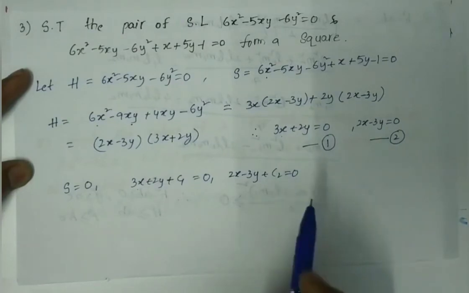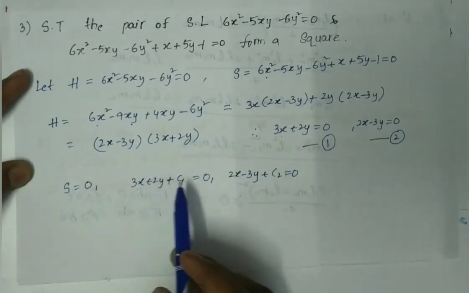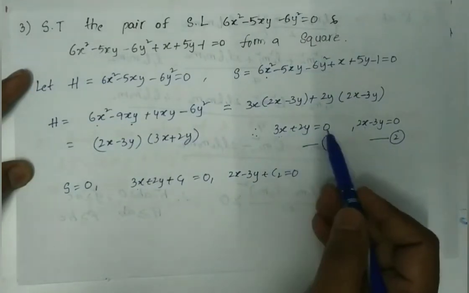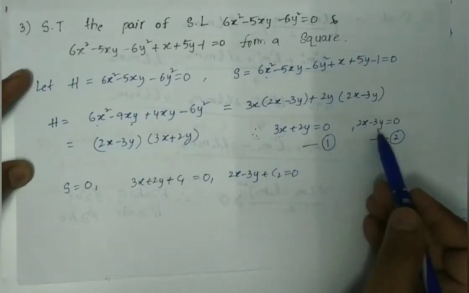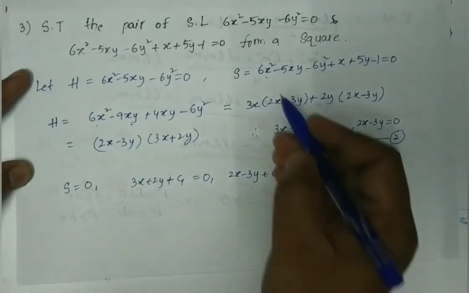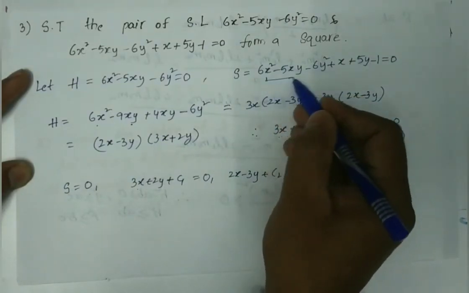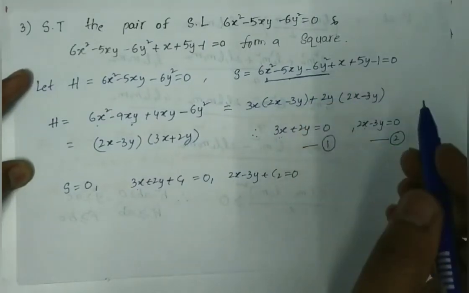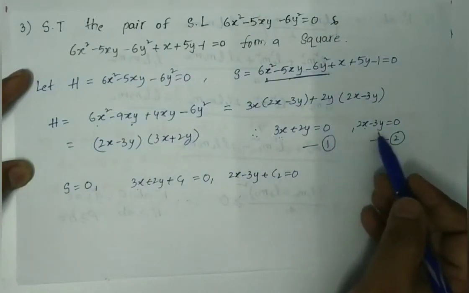So let us consider S is equal to 0 represents two lines which are 3x plus 2y plus c1 is equal to 0 and 2x minus 3y plus c2 is equal to 0, because 6x square minus 5xy minus 6y square represents two lines which are 3x plus 2y and 2x minus 3y.